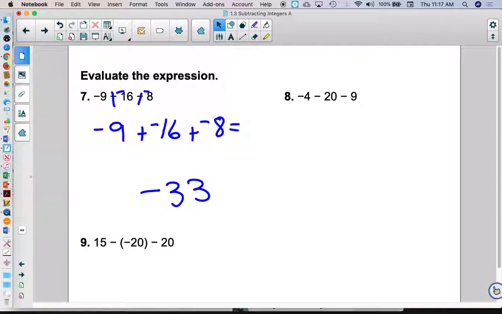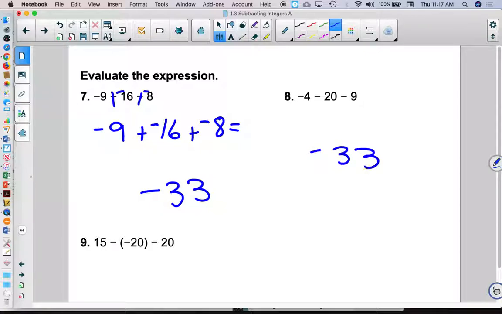Did you get negative 33 again? Add opposite, signs are the same, negative 33. Do number 9. You've got this, you guys are doing it. And it's weird when you're starting it, but you're getting it.